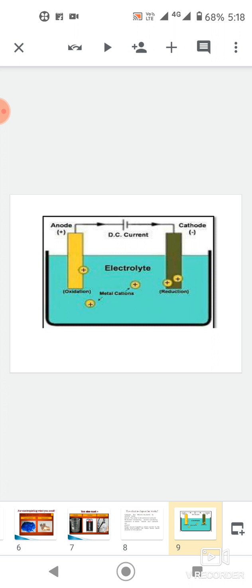A direct current applied across the terminals causes the metal particles, that is the positive ions, to leave the solution and plate the cathode.